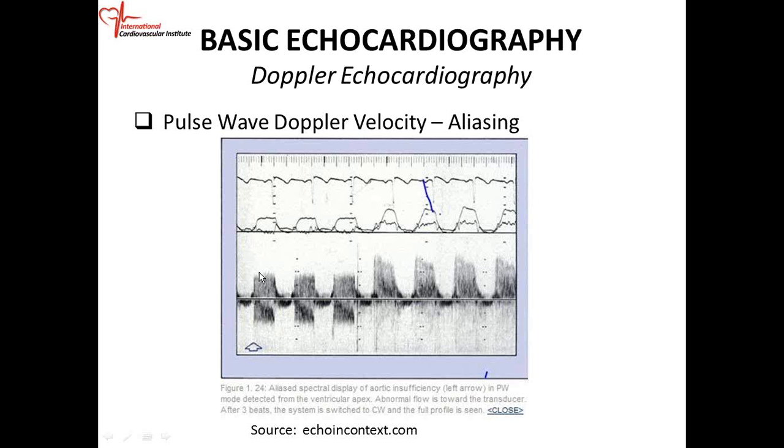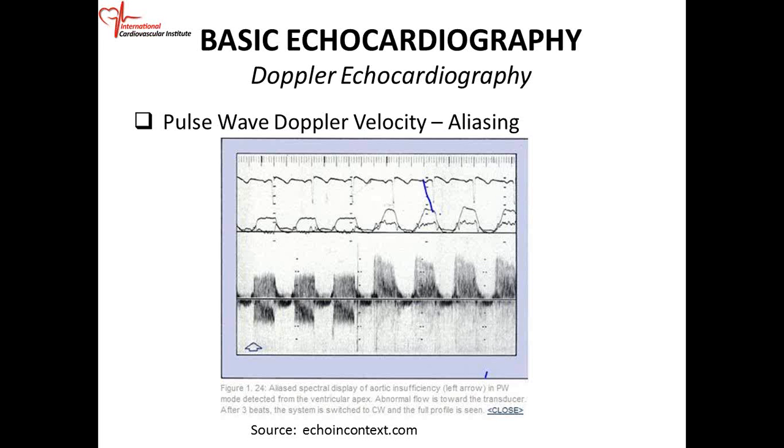So it cuts off what should be above there and puts it below here. That's what we call aliasing. So up to about 2 meters per second it goes up, and then it puts the rest at the bottom, because it's not meant to measure anything more than 2 meters per second. So any high flow, high velocity situation is going to cause aliasing.